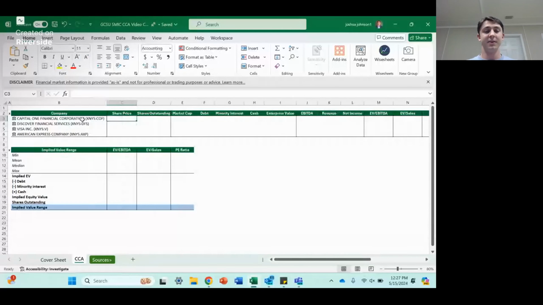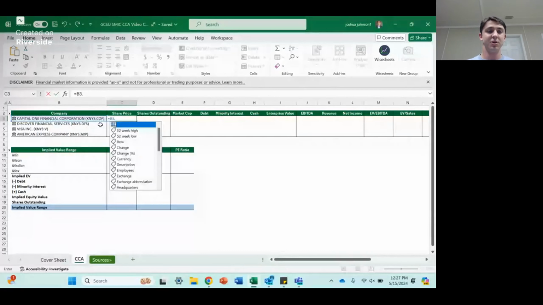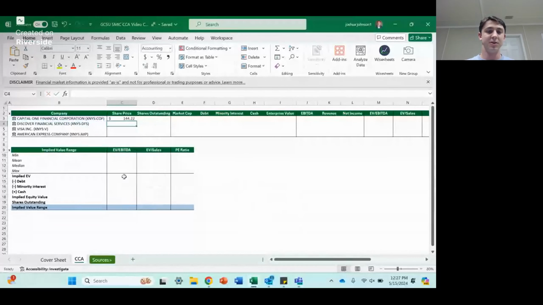So here, I want to find the share price of this. What I'm going to do is just do equals, go over there, and then do dot. And then when you do that period, it'll pull up a ton of different things about the company, right? So we're looking for share price. And price, right there, boom.